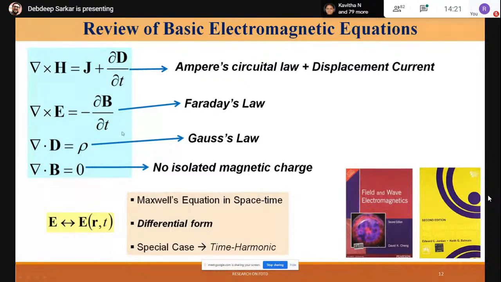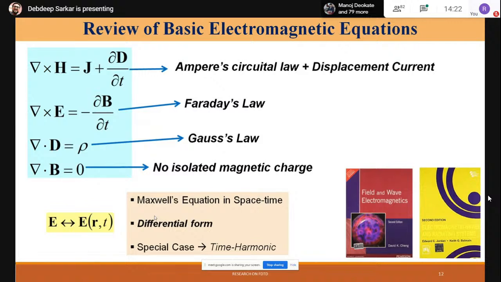This is Ampere's circuital law, and we introduce the displacement current over here, and this is Faraday's law of electromagnetic induction, and then we have Gauss's law, and this is the divergence of B. I will not discuss how these equations came, because that can take a full lecture in itself, or more than one lecture in fact. But I would start with the premise that we have these equations with us.